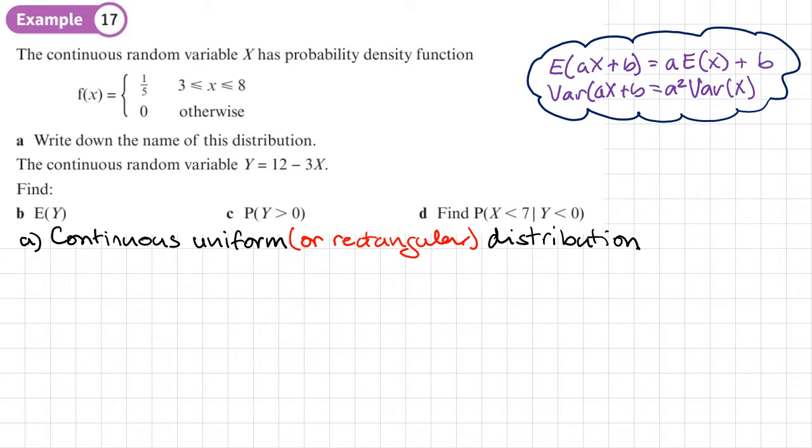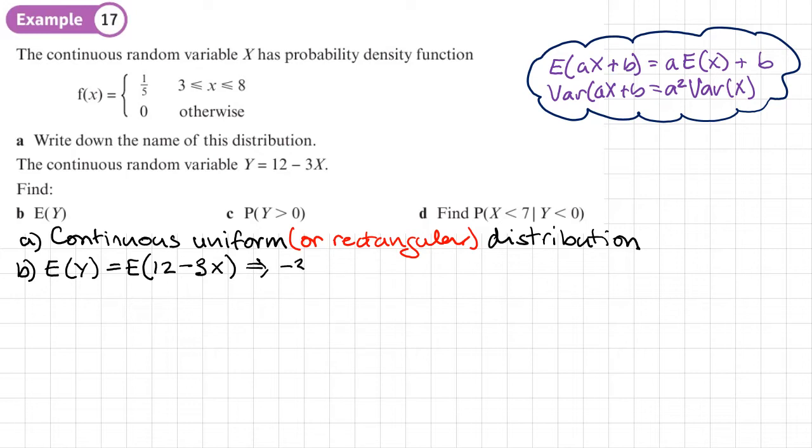So E of y. Well, y is equal to 12 minus 3x, so that's equal to the mean of 12 minus 3x. Just replace the y with 12 minus 3x, it's just a straight substitution.